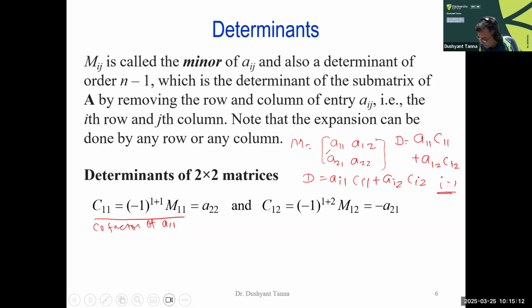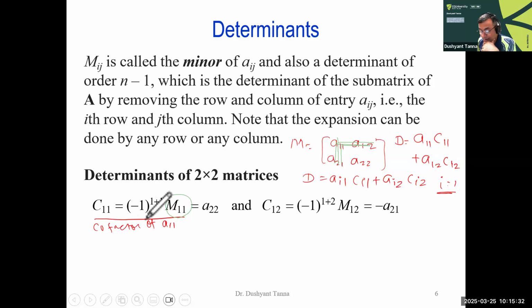When I'm talking about the cofactor of A11, I'm multiplying by its minor. Now, what is the minor M11? You eliminate the row and column containing that element.